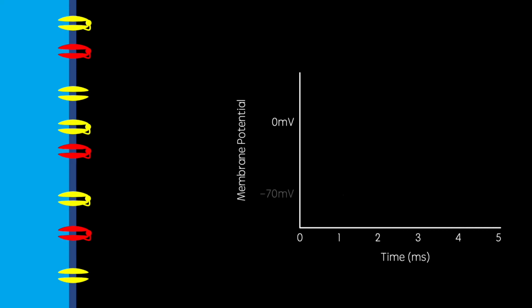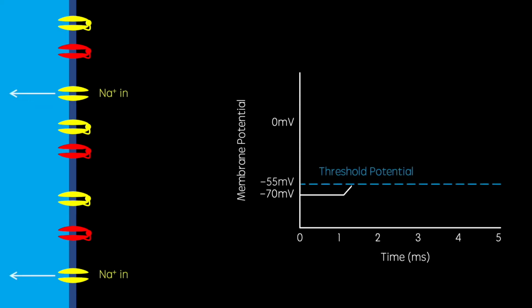At rest, the membrane potential lies at around -70 millivolts. However, when stimulated by a stimulus, a slight sodium influx is induced, causing the membrane to depolarize. If this depolarization reaches around -55 millivolts, also known as the threshold potential, then an action potential is propagated.